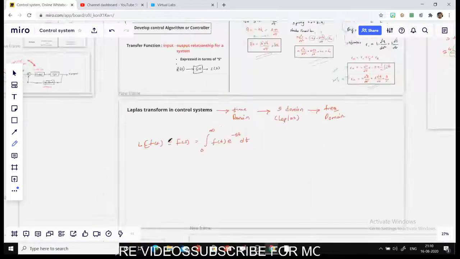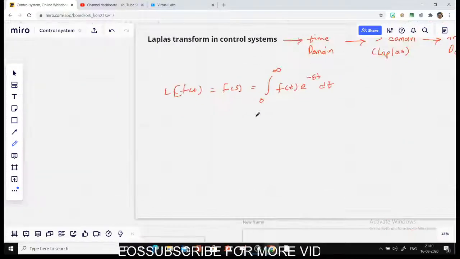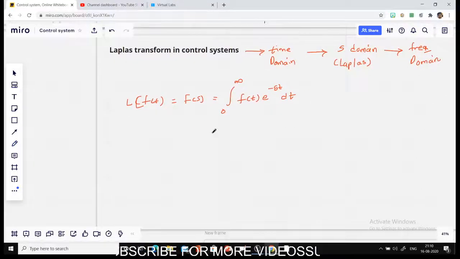We need to understand some basic rules of Laplace transform. Laplace transform of 1 is 1 upon s. It's the simplest possible term for a single variable.